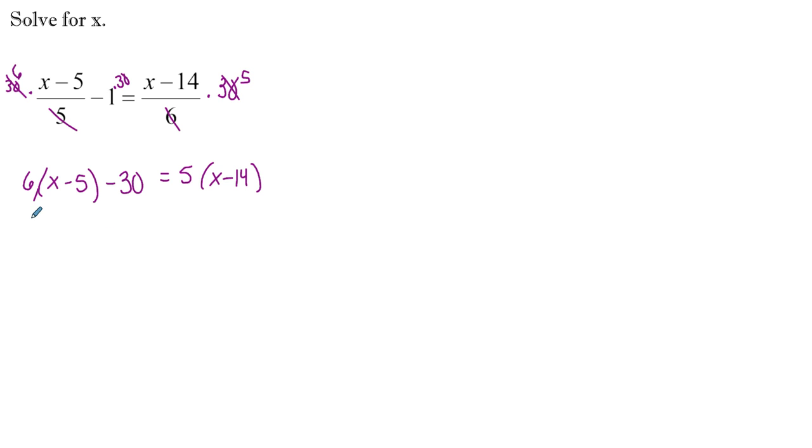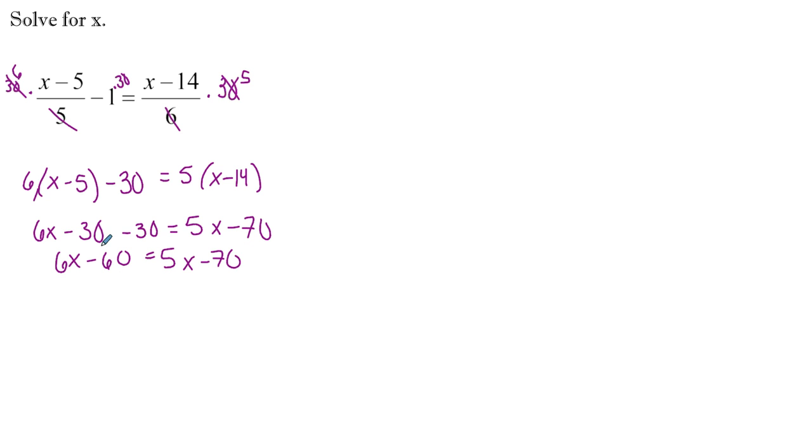Distribute. 6 times x is 6x minus 30 minus 30 equals 5x. Then we have 5 times negative 14 gives us minus 70. Combine like terms on the left, we have 6x minus 60 equals 5x minus 70.